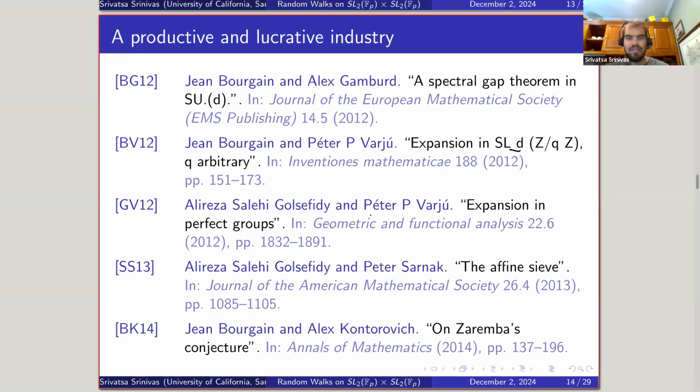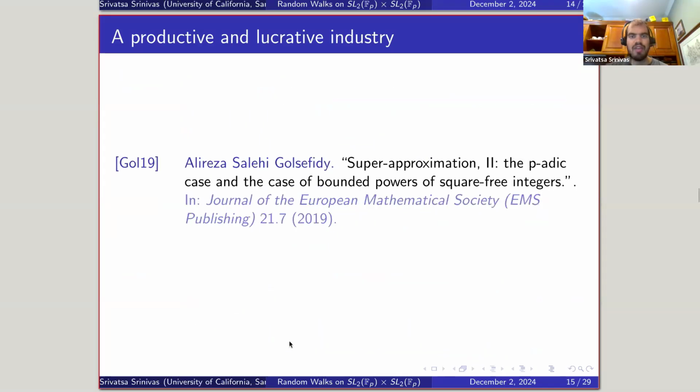Then Salehi Golsefidy and Varju, expansion in perfect groups. So this deals with perfect groups, plugging in a finite field for p large enough. You need a lot of new tricks in this work too. The affine sieve relates the above work to number theory. Then they use the spectral gap to get a partial result. I don't know if it's the full or partial result in Zaremba's conjecture.